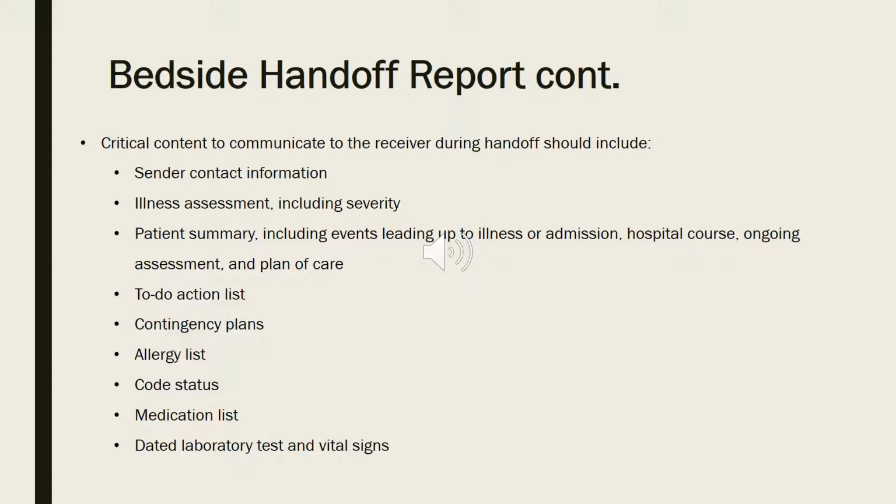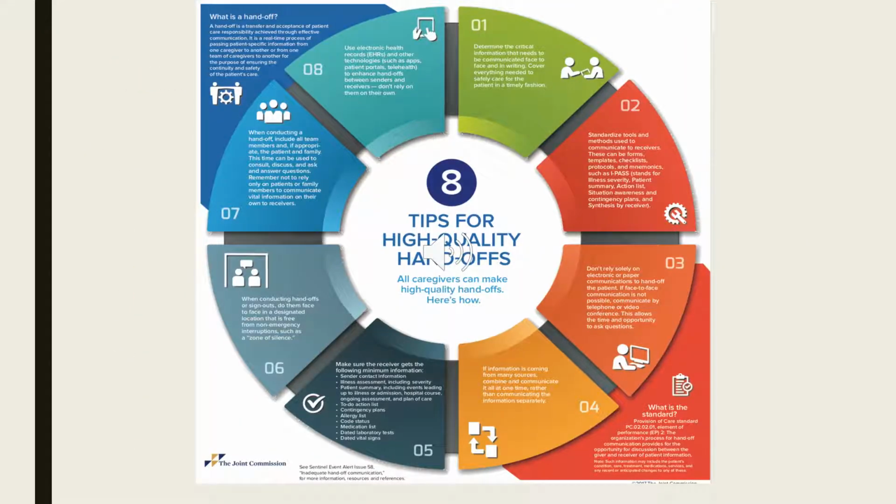Critical content to communicate to the receiver during handoff should include sender contact information, illness assessment including severity, patient summary including events leading up to the illness or admission, hospital course, ongoing assessment and plan of care, to-do action list, contingency plans, allergy list, code status, medication list, dated laboratory tests, and vital signs. These are the 8 tips for high-quality handoffs according to the Joint Commission.